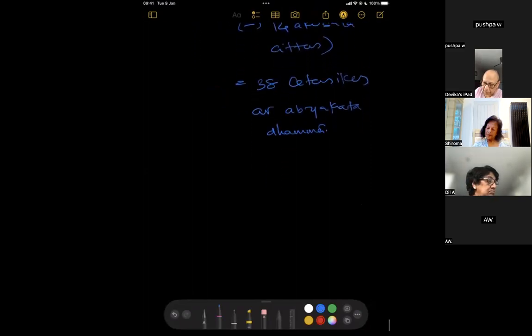Now altogether we have 56 chittas plus 38 chetasikas.